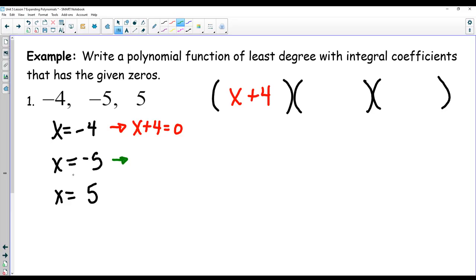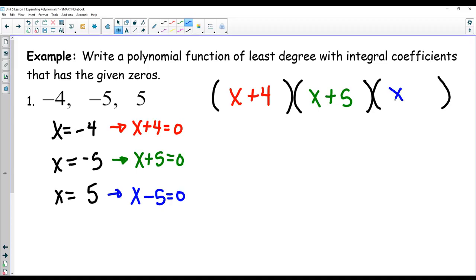Similarly, we want to add 5 over to the other side, so we have x plus 5 equals 0. So x plus 5 is another one of our factors. Last, we have 5 here, so we'll subtract. We get x minus 5 equals 0. So then x minus 5 would go in here.